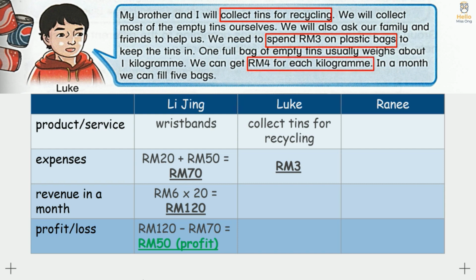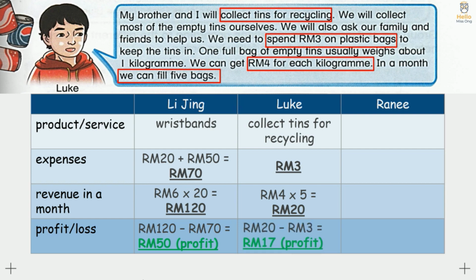He can get 4 ringgit for each kilogram, and in a month he can fill 5 bags. So 4 ringgit times 5 equals 20 ringgit. 20 ringgit is his revenue. Let's calculate his profit. 20 ringgit minus 3 ringgit equals 17 ringgit, which is his profit.